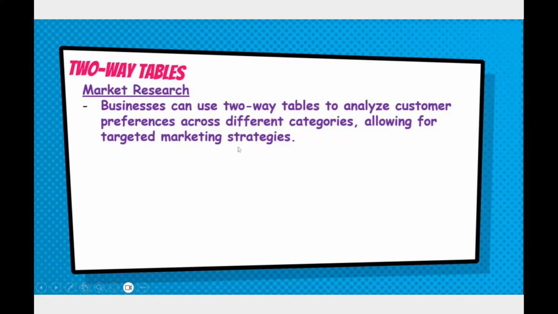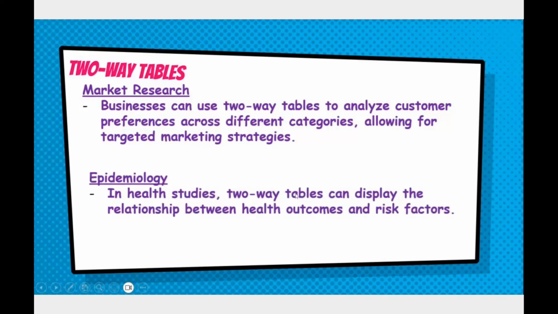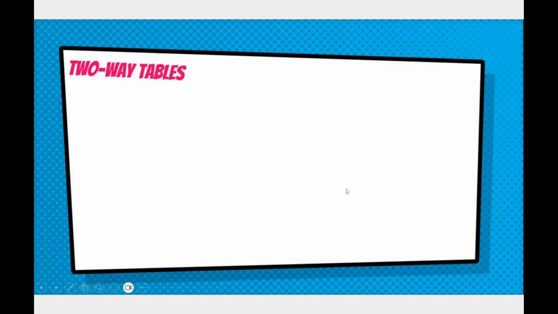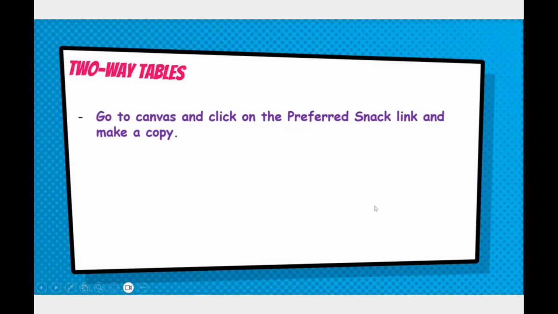These are some areas in which two-way tables are often used: market research, epidemiology, and health studies, looking at risk factors and health outcomes. To summarize, the two-way table is a powerful tool for examining the relationships between two categorical variables, making it easy to identify trends and patterns.